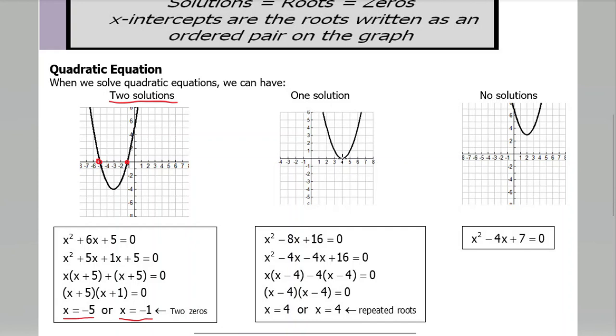In this example, it only hits the x-axis once. So this is one solution. The only possible answer for x would be x equals 4. If you look at this one, it never crosses that x-axis because it stops here and it's pointing up. Both of these are going up that way, right? So it's never going to cross that x, so this is no solutions whenever you get something like that.